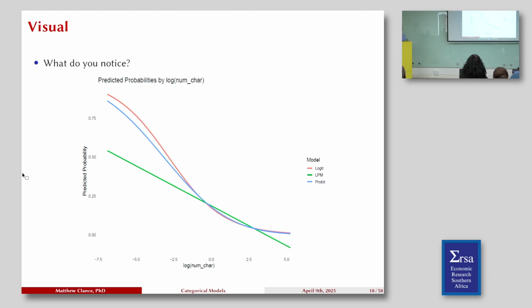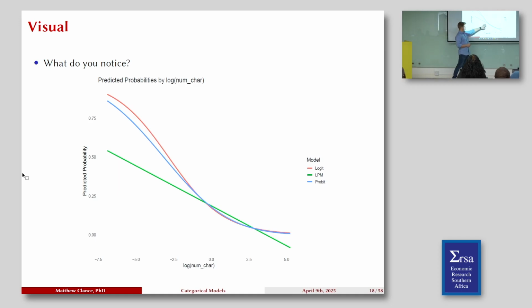But just to give you an idea, if I was to choose a point, say the mean across everyone, then I could actually get at my predicted probabilities, and then I could compare them across, well, propensity scores in this case, across the log of, say, number of characters. This is what I meant by the sign telling us something.